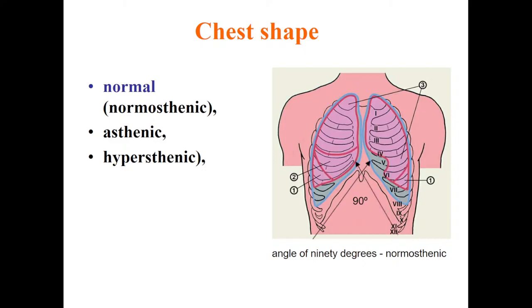Now, let's talk about the examination of the chest shape. These are physiological types: normosthenic, asthenic, hyposthenic. Normosthenic has an angle of 90 degrees.